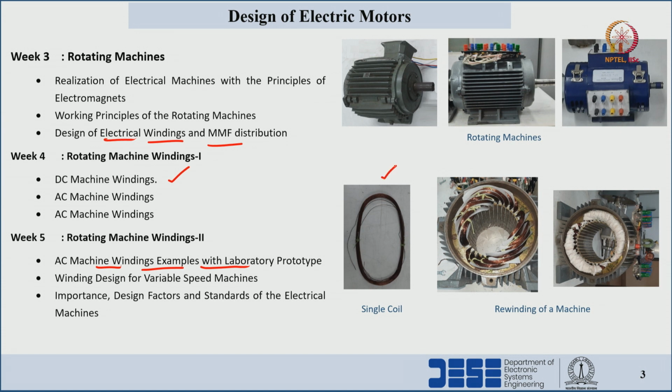We can see on the right side a single coil. After placing all coils inside the stator core and after completing the complete stator winding, we can see here. Then winding design for variable pole machines also we will discuss.